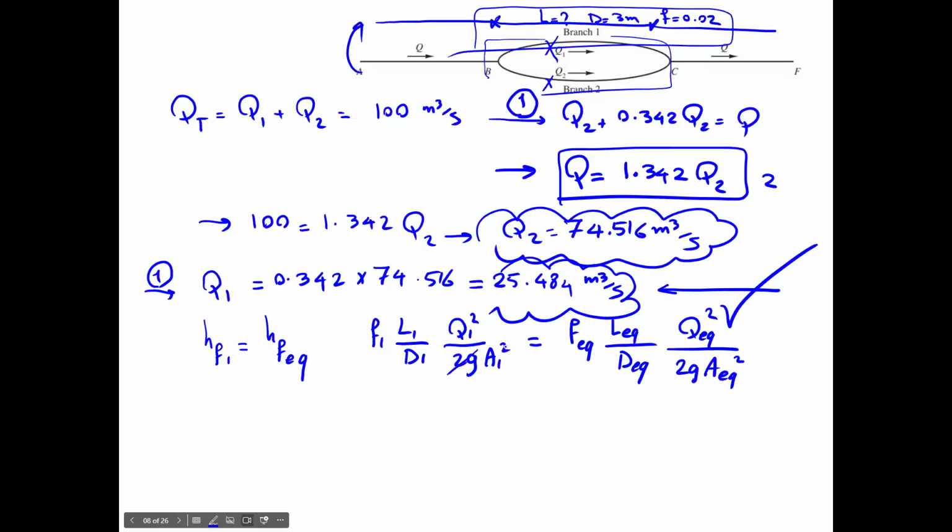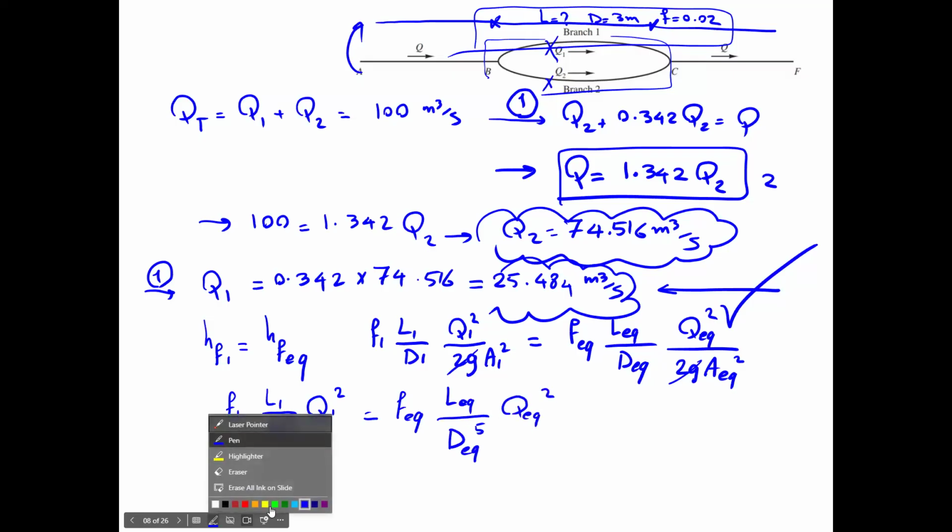I'm going to simplify this and pi over 4 everything. So F1, L1 over D1 power to 5, Q1 square, equal to F of equivalent, L of equivalent over D power to 5, Q of equivalent square. Time to put the numbers. F1 was this, if I remember correctly.